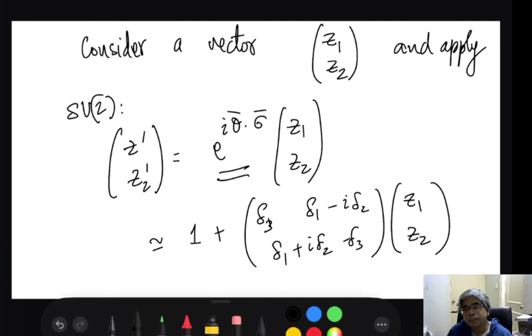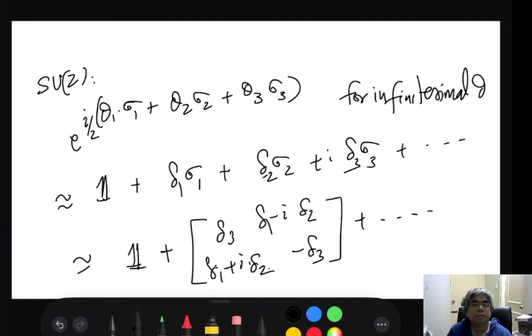For the SU2 case, these generators are nothing but the sigma matrices. These sigma matrices have a commutation relation between them. They are not commuting, so they are non-abelian groups. If you want to build a representation of the SU2, these points are important. There are a couple of representations which we have looked at.